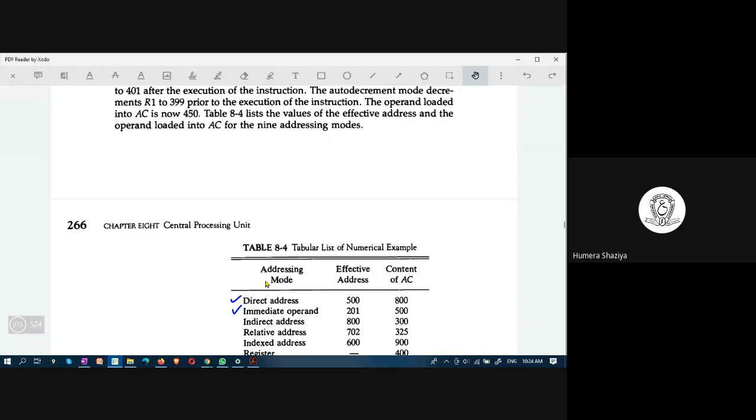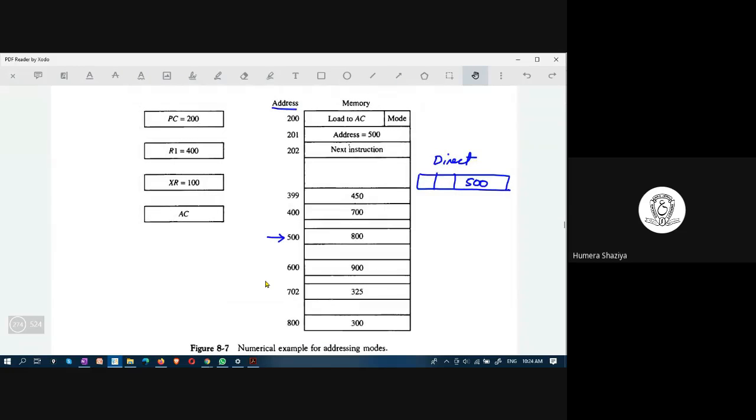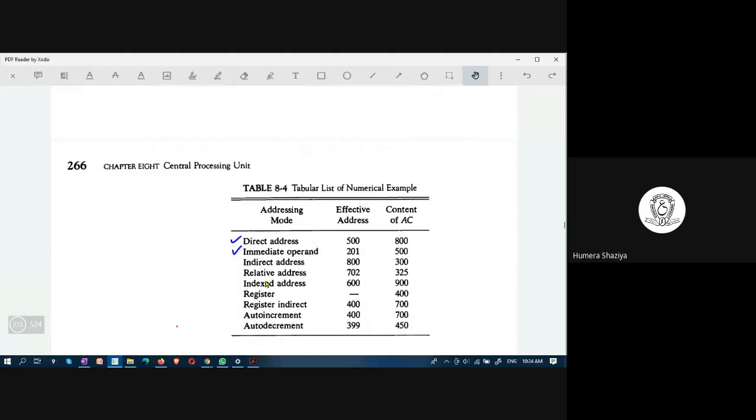What will be the content of AC? It will be 500. 201 is the effective address, and in AC there will be value 500, immediate operand.